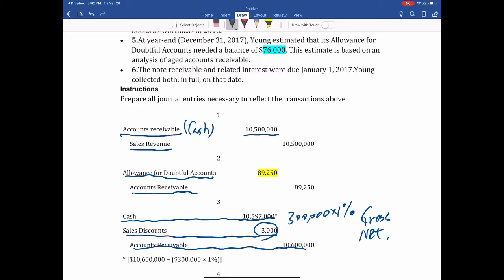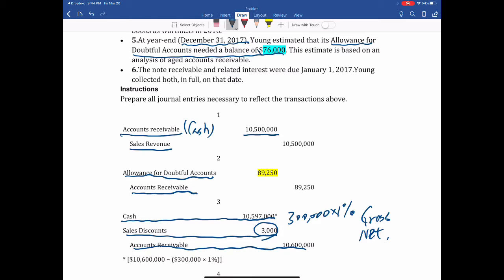Okay, number 5. At the year end, 2017, the firm estimates the allowance for doubtful accounts balance is 76,000.